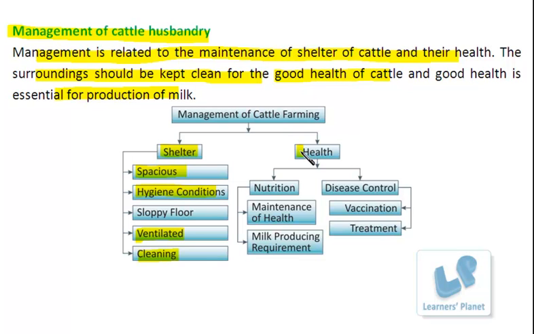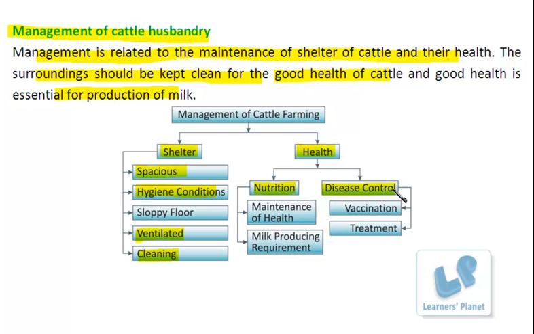Before that, if we consider the health, then two things will come in front of us so as to maintain the cattle. Number one is related to nutrition, that means the food which is provided to these organisms, right?